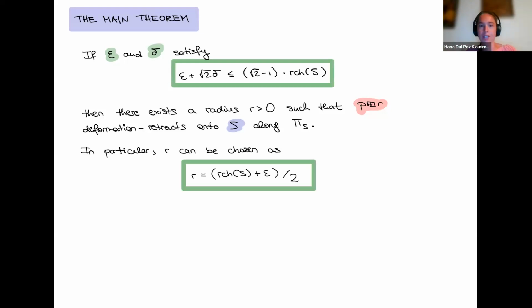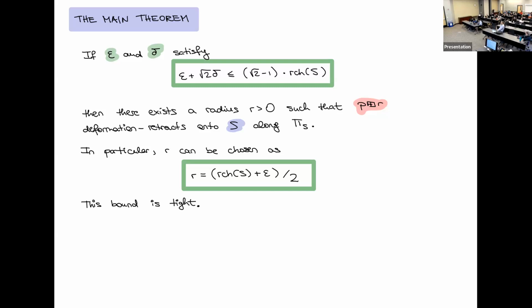Furthermore, not only can we guarantee that this radius exists, but we can also give you a concrete radius which hits the right homotopy type. Even better, I'm selling our results: this bound is tight. I will actually show you an example, or counterexample as you wish, which demonstrates the tightness of this bound.